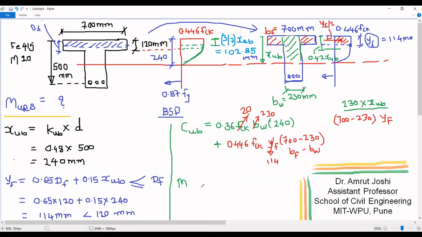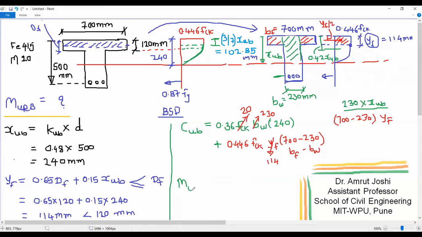So we will have corresponding lever arms. You have to understand that for both of these compressive force contributions, the tensile force is provided at the same location, at the centroid of tension steel. So it is at the distance D, 500 mm, from extreme compression fiber.